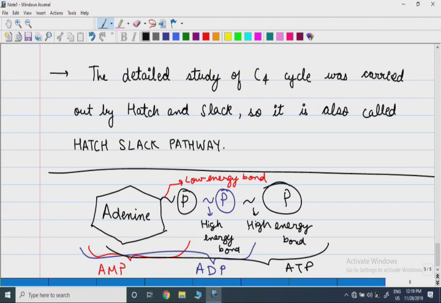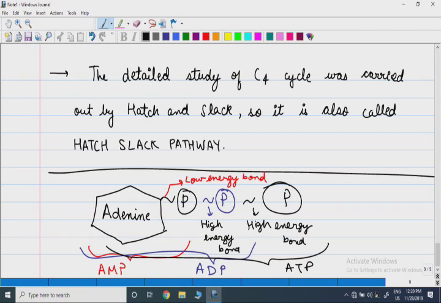So adenosine triphosphate has 3 phosphate bonds, out of which we normally break the first bond only. So when we break the first bond only, we get adenosine diphosphate and one inorganic phosphate, plus large amount of energy.